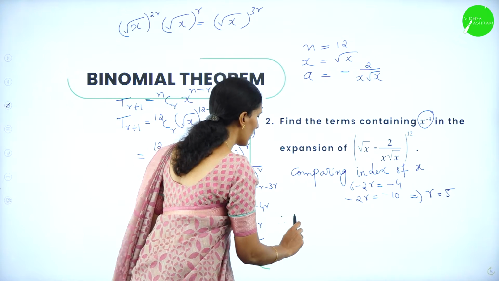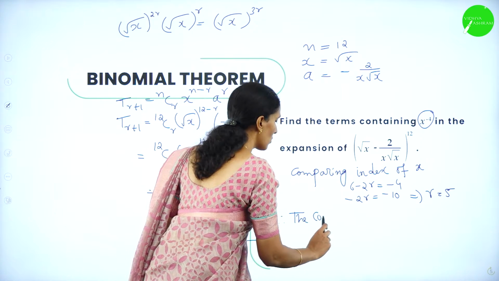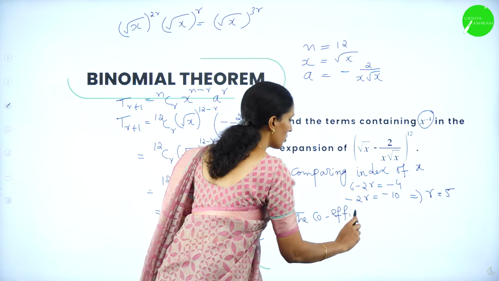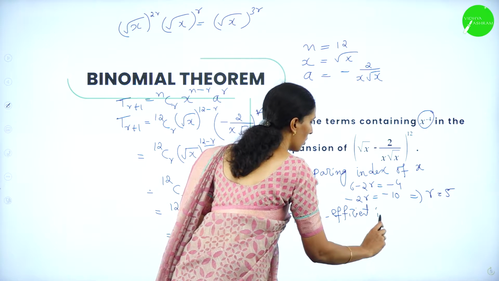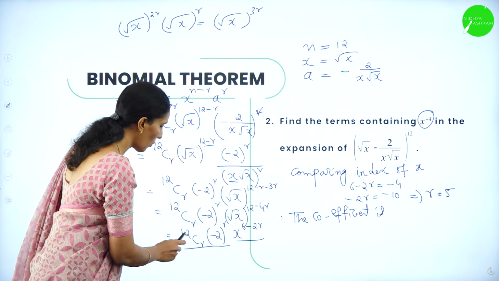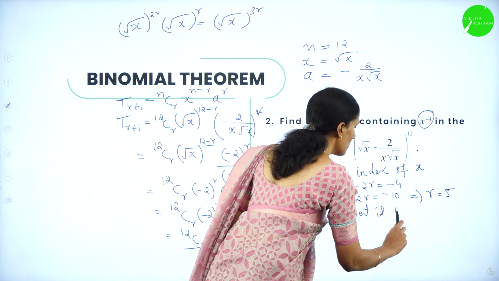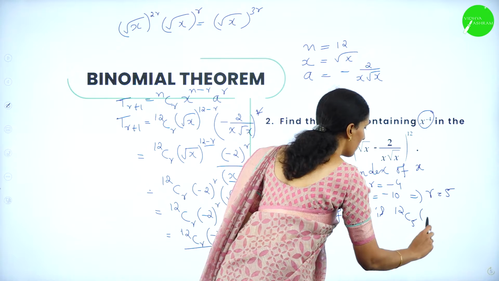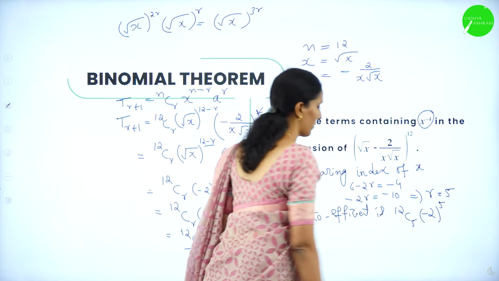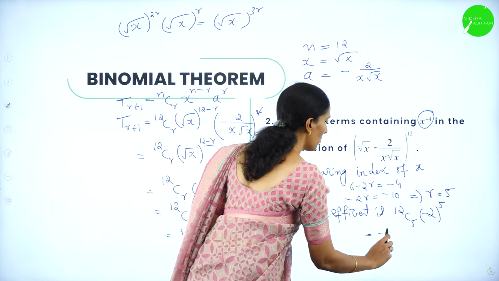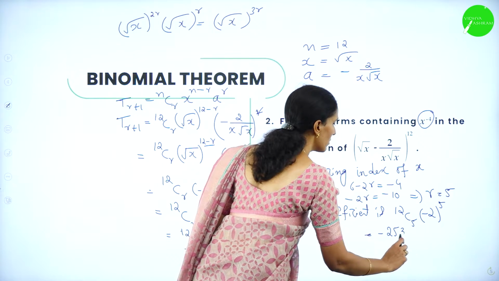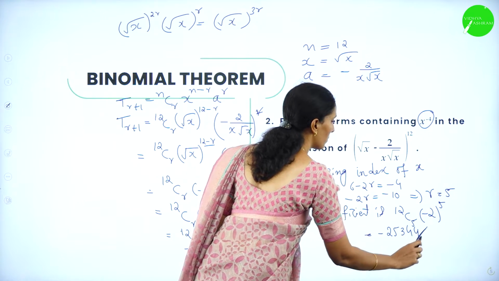So therefore the coefficient is, what is the numerical coefficient? 12cr minus 2 whole power r. So what does it become? 12C5 minus 2 whole power 5. So this is equal to minus 25,344.